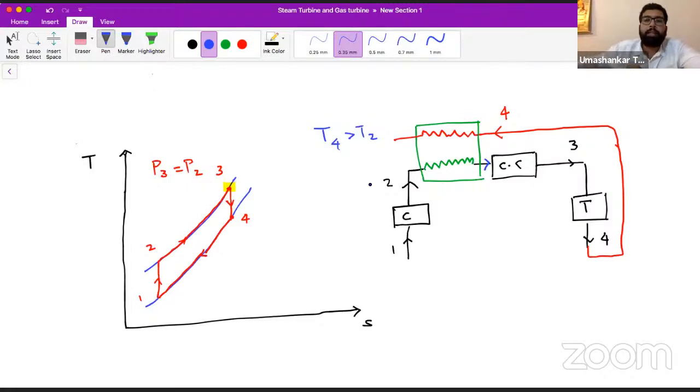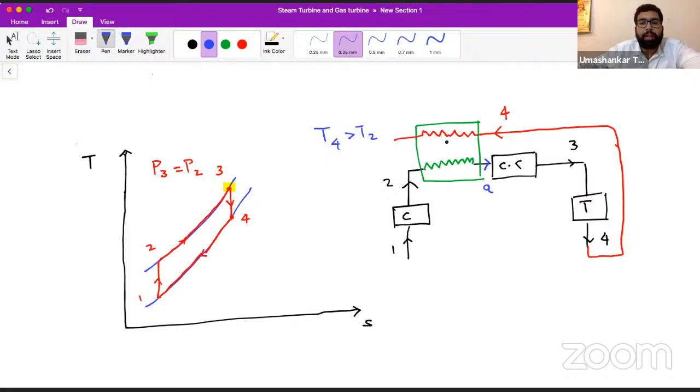So this exhausting stream of air will give some of its heat energy to this air, let me say at this point A, going through this green path.